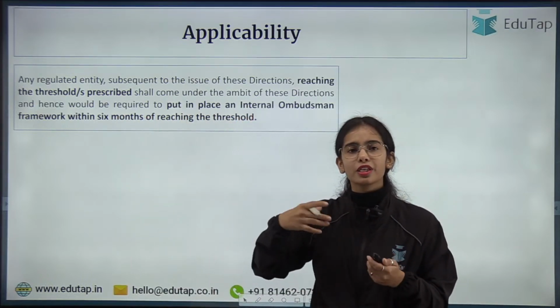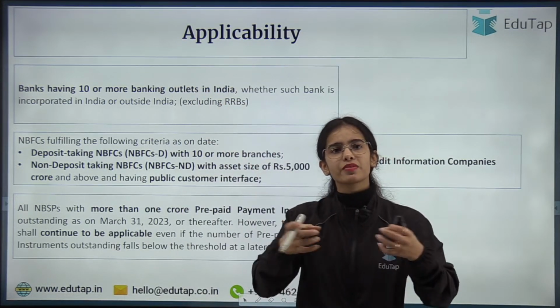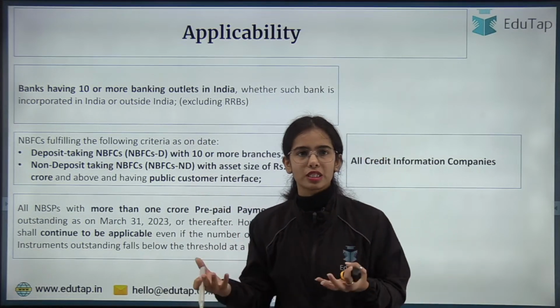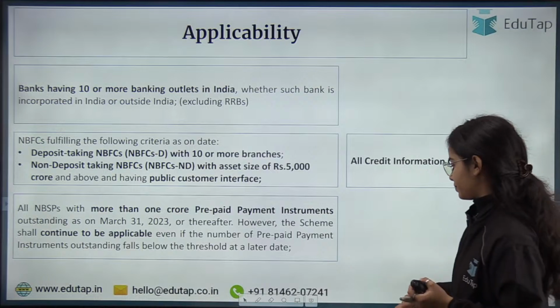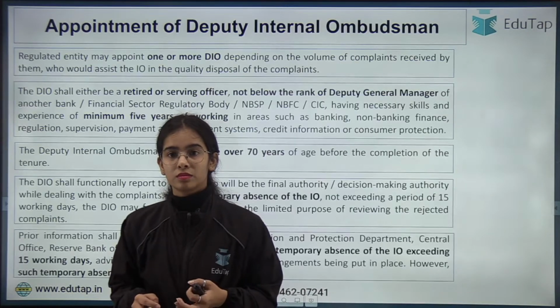And if a bank already has 10 or more banking outlets, the banks and the NBFCs usually only expand, otherwise they close down. So one of the two things happens. Okay, so that is the idea. Clear?